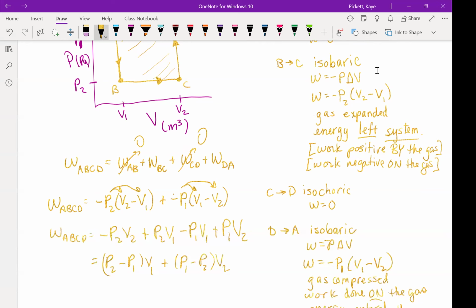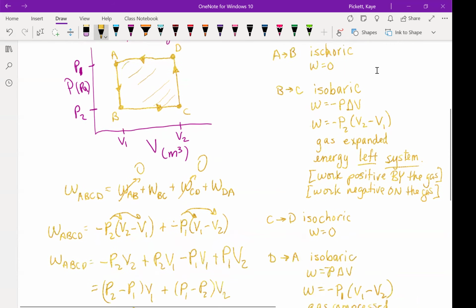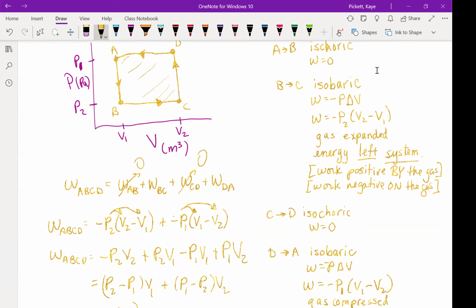That looks awfully complicated, doesn't it? But it isn't. It really isn't. All right, so P2 minus P1, that's negative. That's going to be a negative number overall. And let's go over here and look at this. P1 minus P2 is this side. V2 minus V1 is that side.